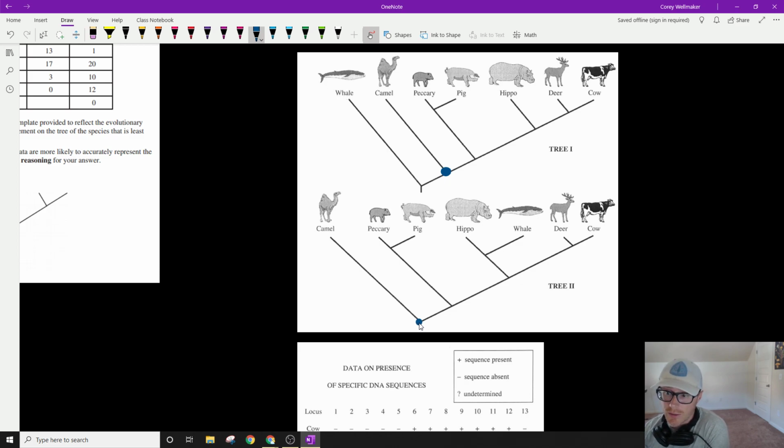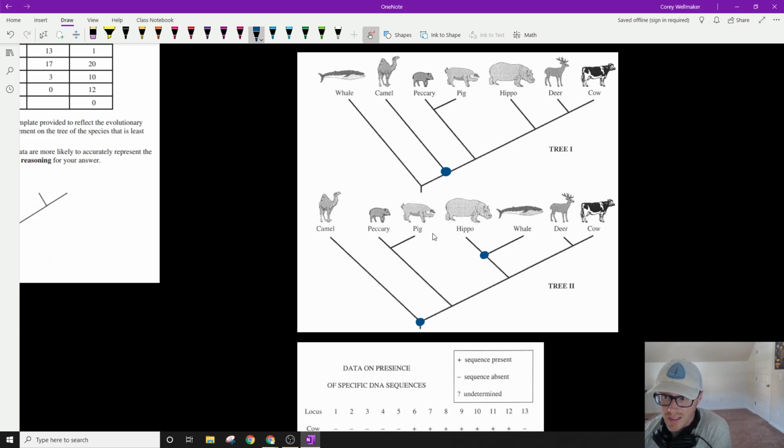In this cladogram down here, it's saying that a pig is more closely related to a cow than it is to a camel. It's also saying that a whale and a hippo are more closely related to each other than they are to any other organism.